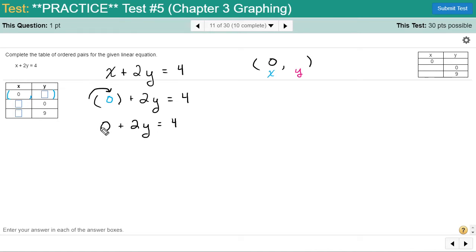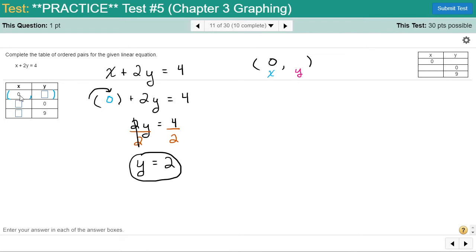Because this is just 0 plus 2y, we can get rid of that 0 without changing the value of the equation. Now to isolate y, all we have to do is divide by the coefficient of y, which in this case is 2. When we divide the left and right hand side by 2, on the left, those 2's are gone, leaving just y, equals, and on the right, positive 4 divided by positive 2 gives us 2. So here is our first value that we have found.